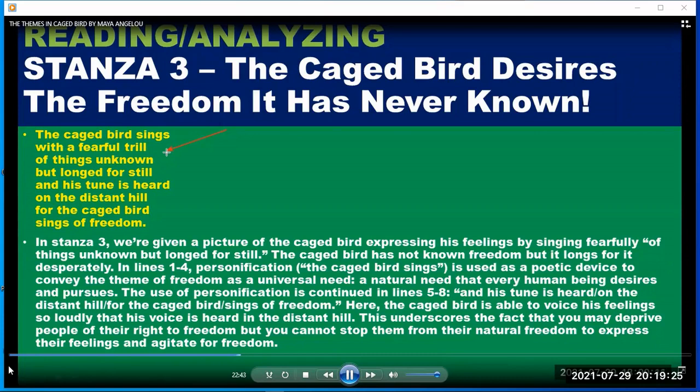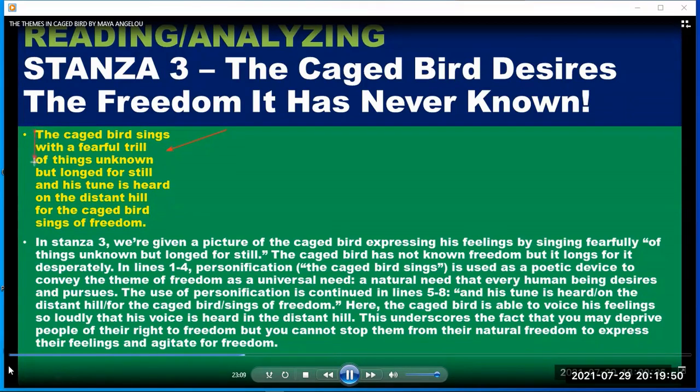So you can see that there is no option for a person in this situation than to actually desire what he or she has not even known. You are deprived of freedom, and you know that you need freedom, you desire it, but you don't have it. So that's the situation of the bird.